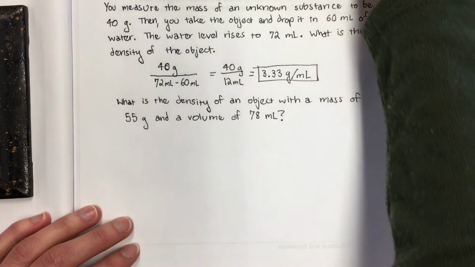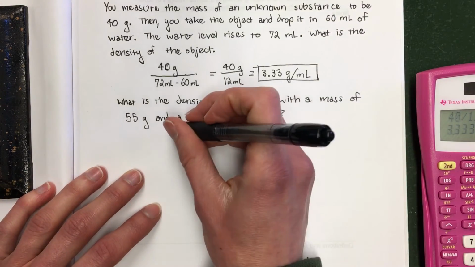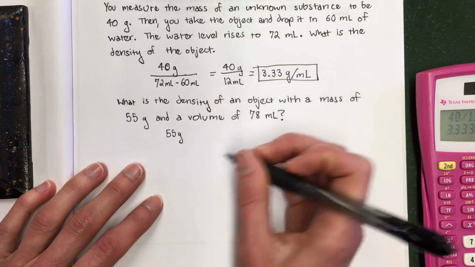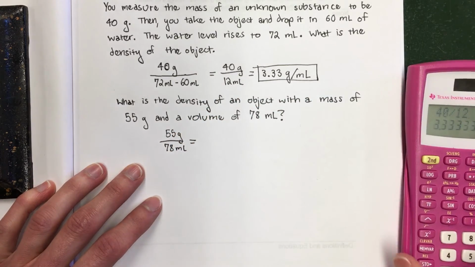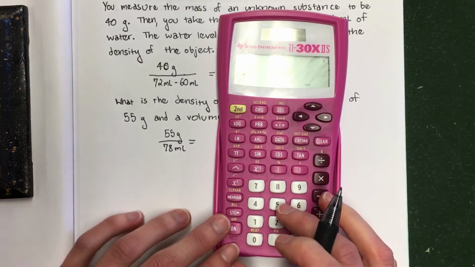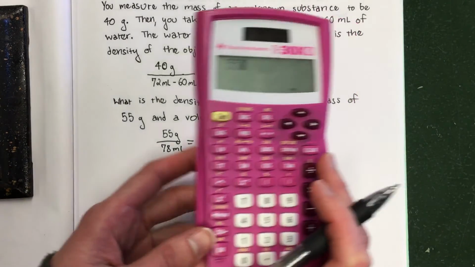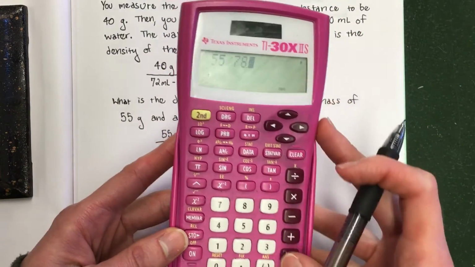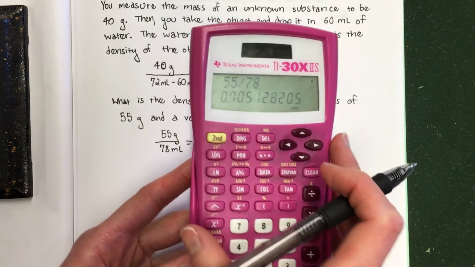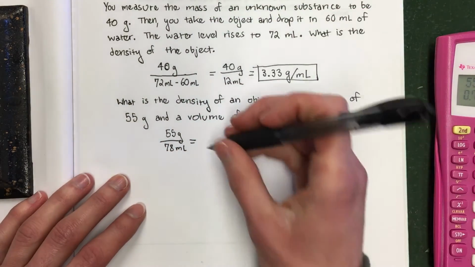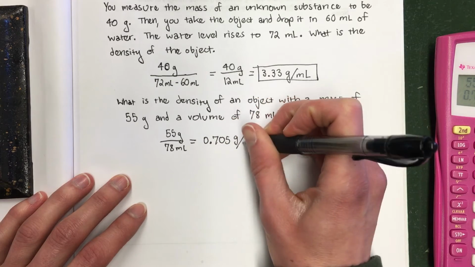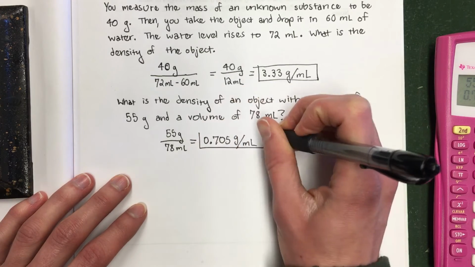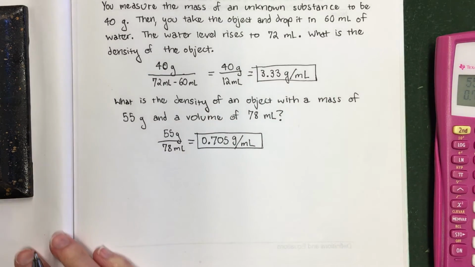Okay, that's a much shorter problem, but same thing, I just need to do 55 grams over 78 milliliters, divide that, and I get 0.705. Okay, so that's how you find density.